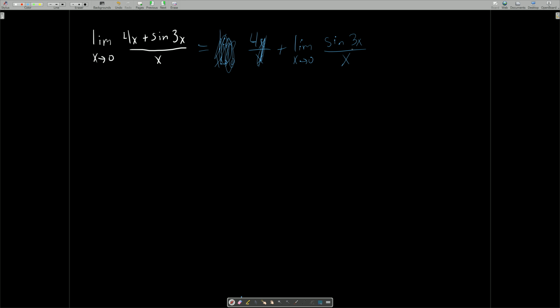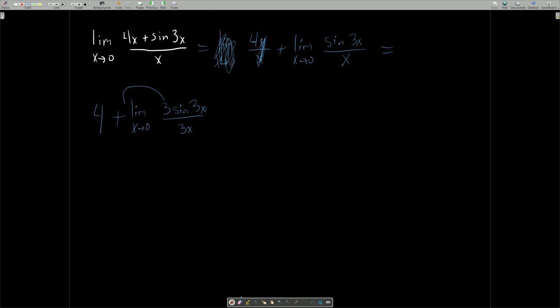Now let's do this right side. You want to make this x turn into 3x. To do that, multiply both sides of the function by 3. So you get 3 sine 3x over 3x.